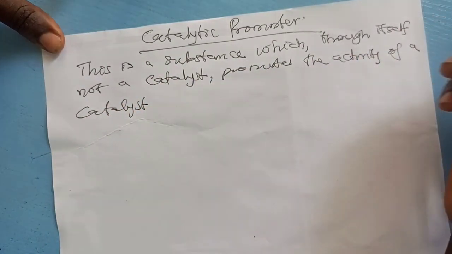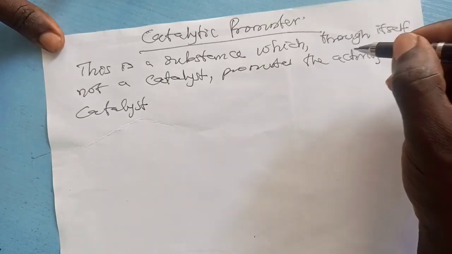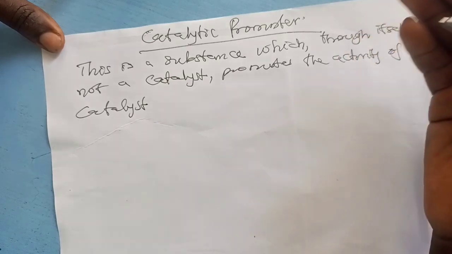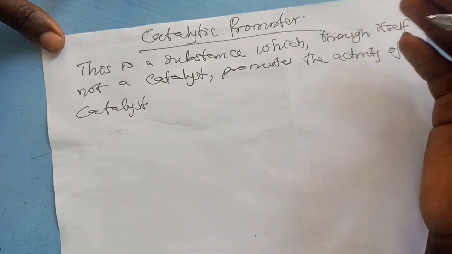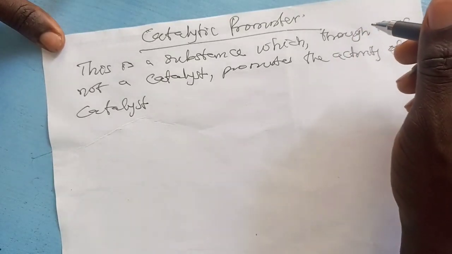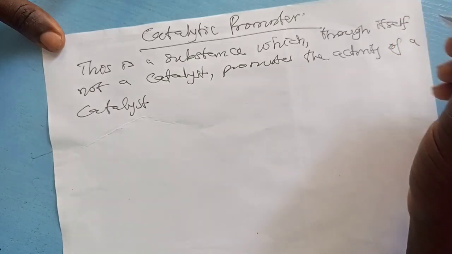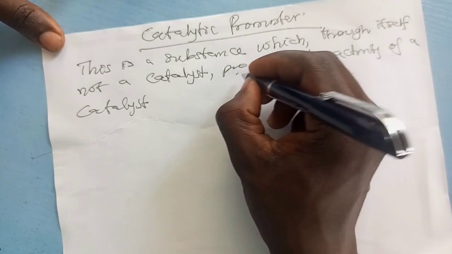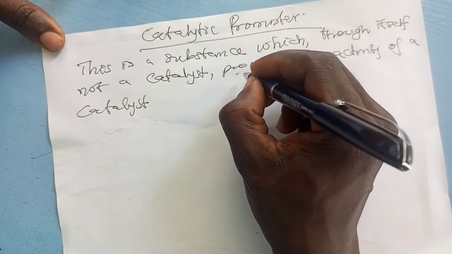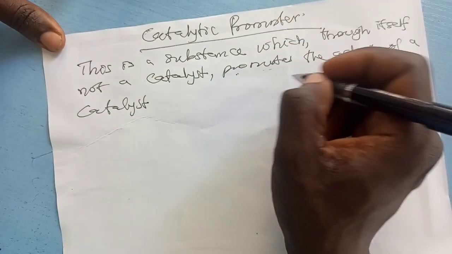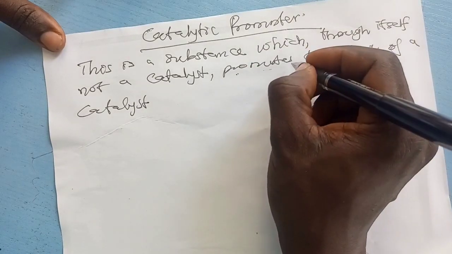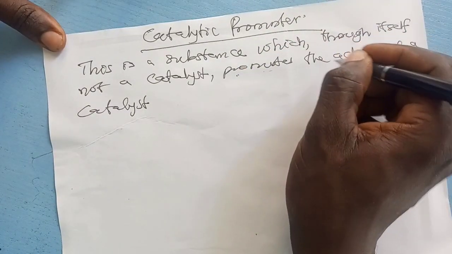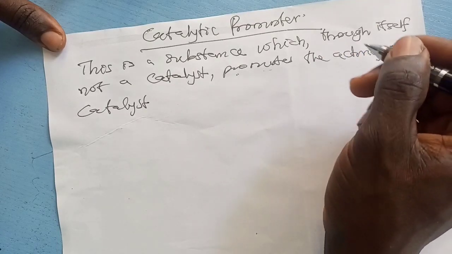Okay? It's a substance which, though itself not a catalyst, but enhances, promotes the activity of the catalyst. That is what a promoter is, by definition. In place of this, you can use: though not a catalyst, but promotes or increases the activity of the catalyst.